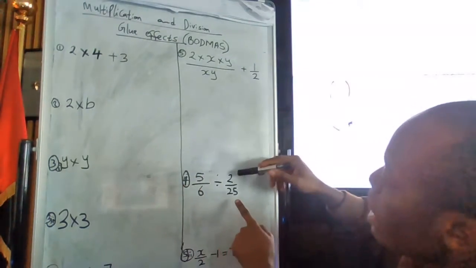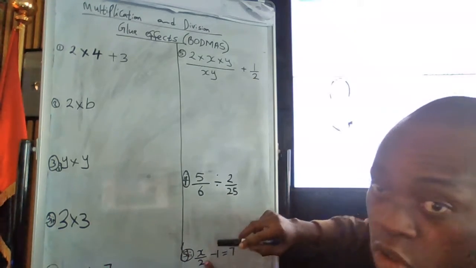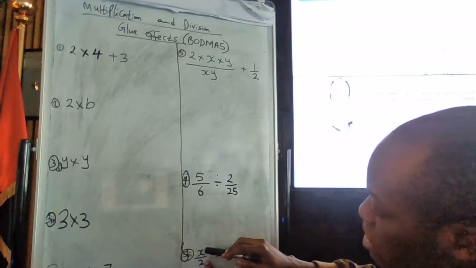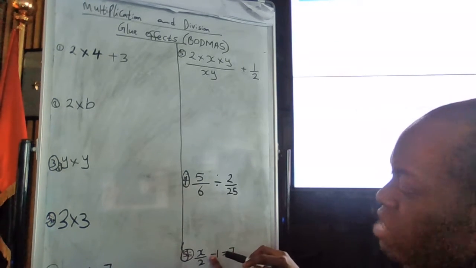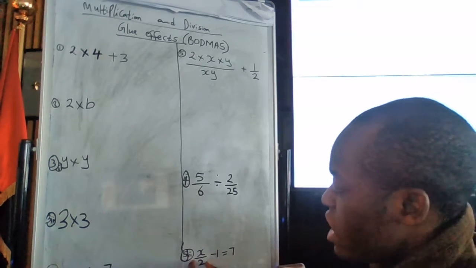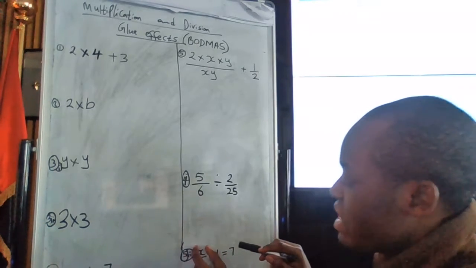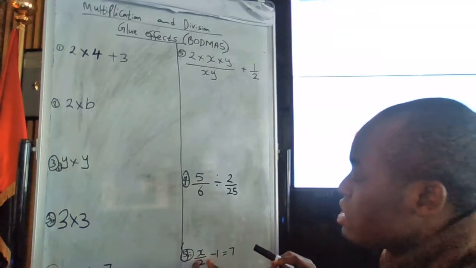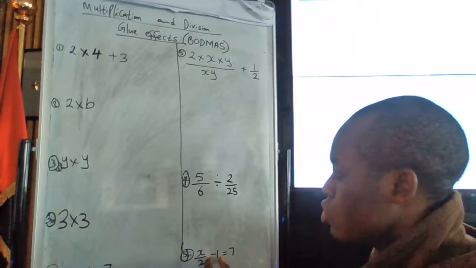The same thing applies to this x over 2. This is minus. Minus does not have the glue effect, so you cannot add the x to the minus 1. The same thing is applicable: the 2 cannot easily go here.